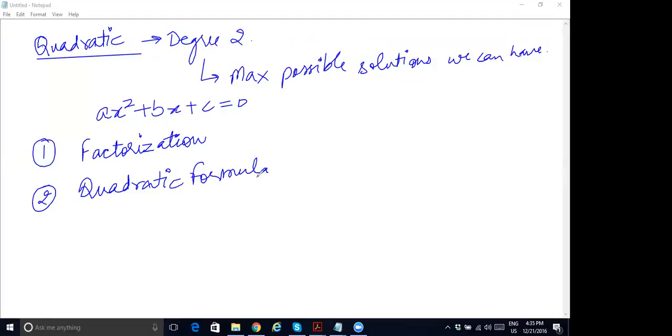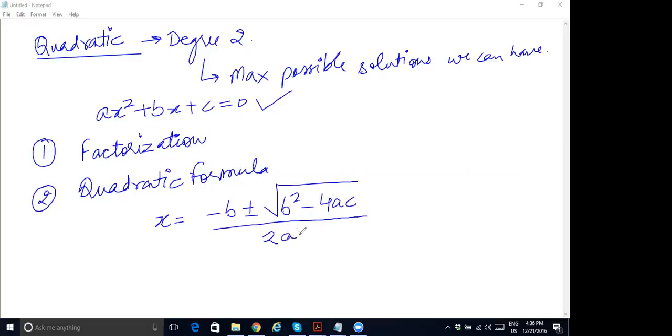Now, the quadratic formula is where we get two roots of the equation. For example, if this is the equation, then x is negative b plus minus square root of b square minus 4ac, divided by 2a.